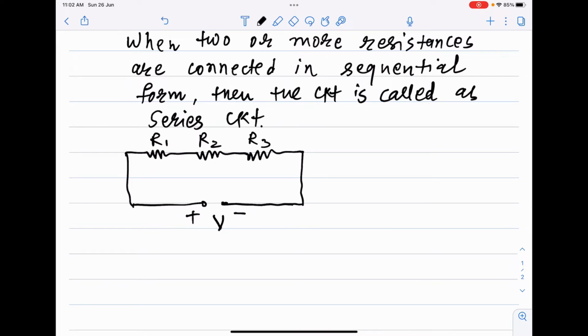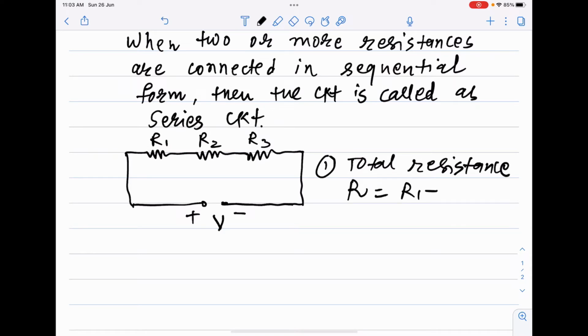And suppose a battery voltage V is applied to this circuit, then this circuit has certain properties. The first property is that the total resistance of the circuit R is given by R1 plus R2 plus R3. That is, when the three resistances are connected in series, the total or effective resistance of the circuit is the summation of all three resistances.